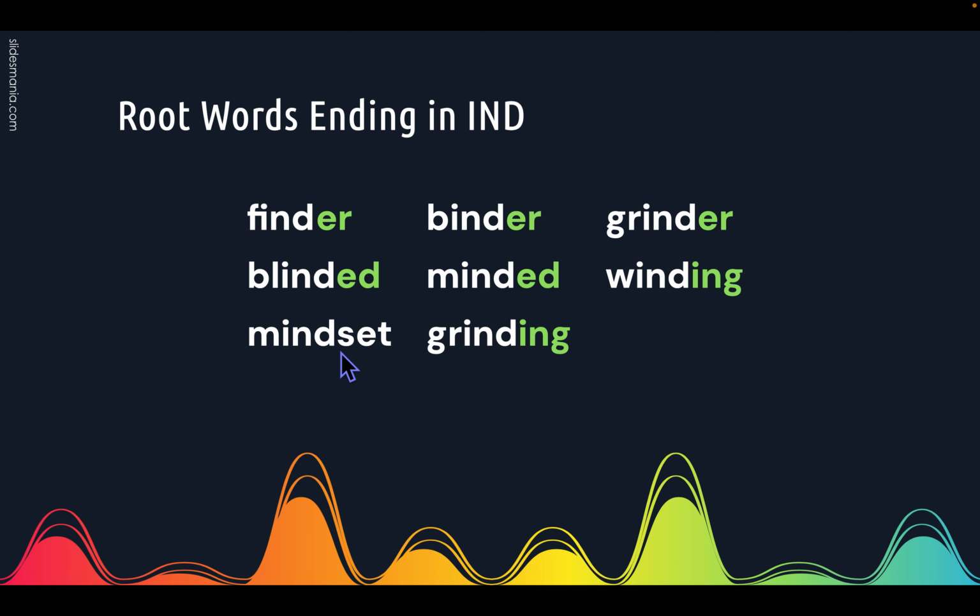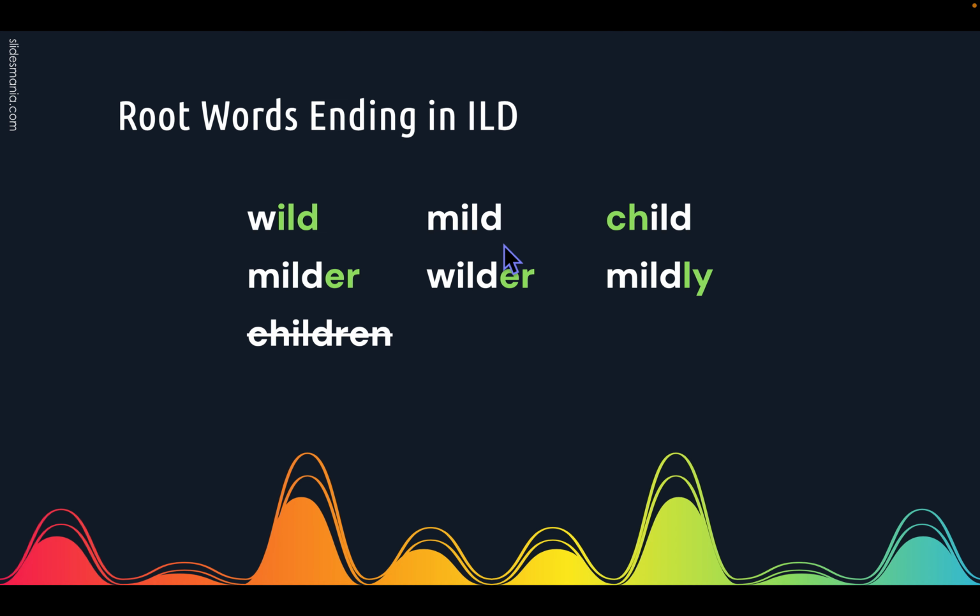ILD generally says ild with a long I sound at the end of a root word. Wild, mild. CH says ch in this word, child. We can add suffixes like these three without it changing the I. So the I will still have the long I sound.